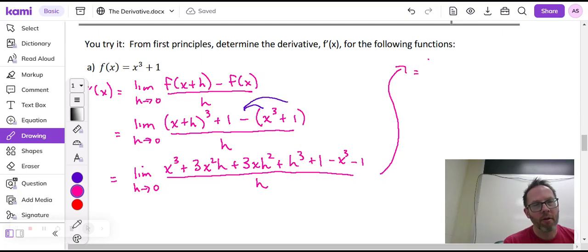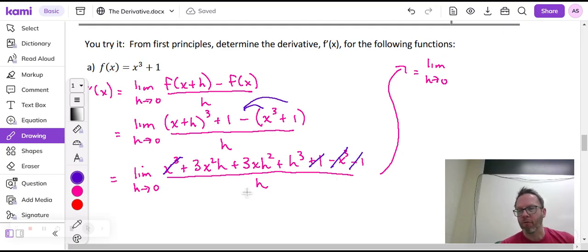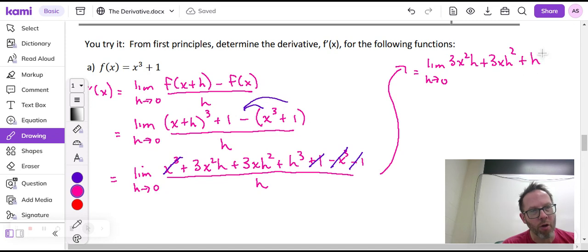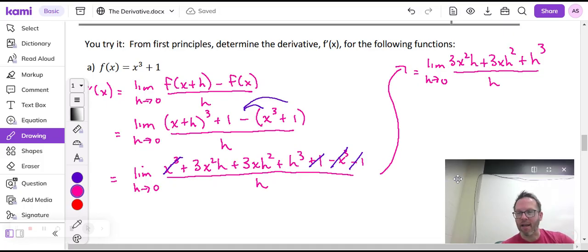I'll go up here. So we have the limit as h approaches 0. So what's canceling out? x cubed minus x cubed, and plus 1 and minus 1 are all gone. We're left with 3x squared h plus 3x h squared plus h cubed. Just those three terms, I think, right? All over h. Life is good. Everything there has an h in it.